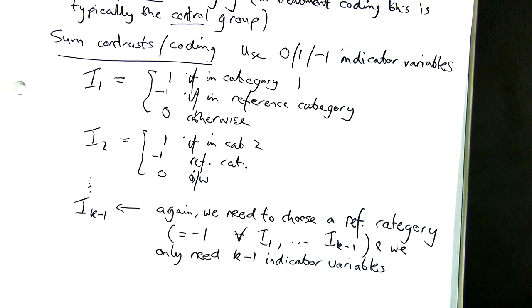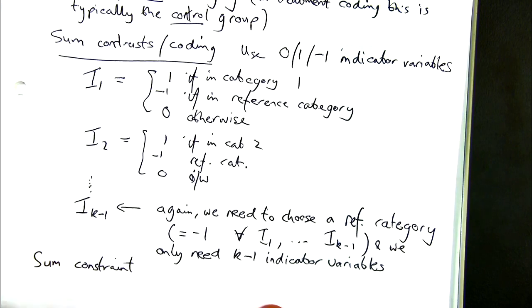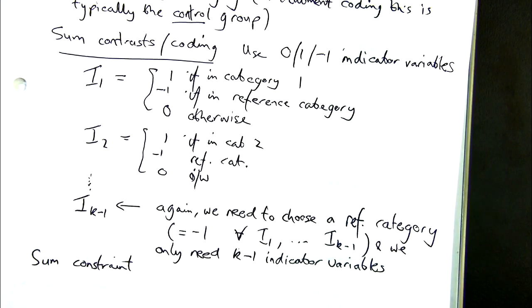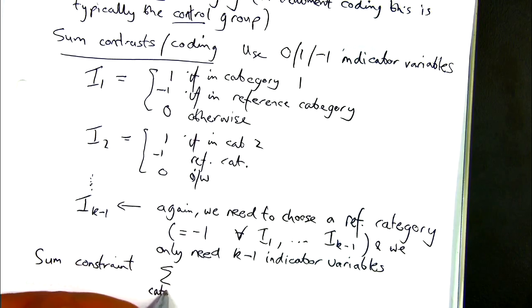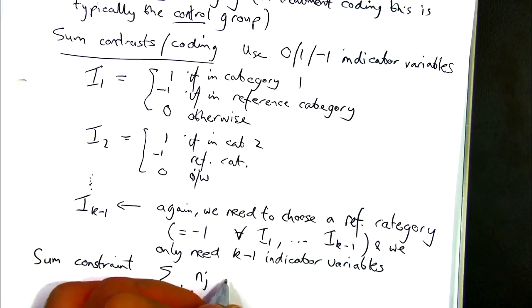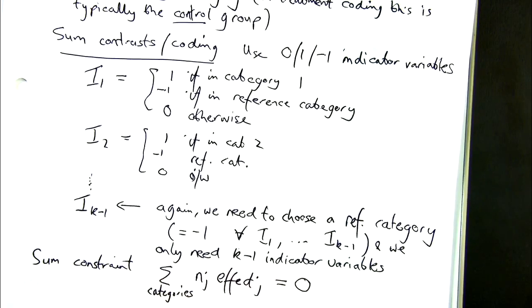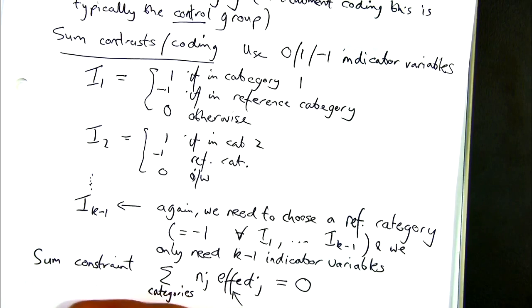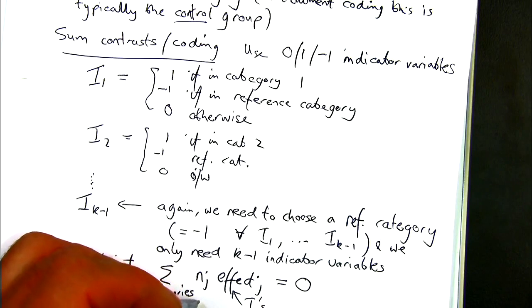And why is it called sum contrast or coding? Because the nice thing about it is the sum constraint: the sum over all categories of n_j times effect j equals 0. These are the alpha i's. So it's a suitably weighted sum.